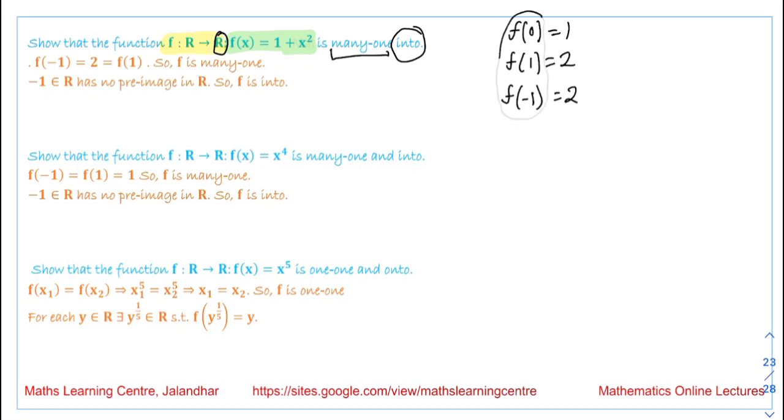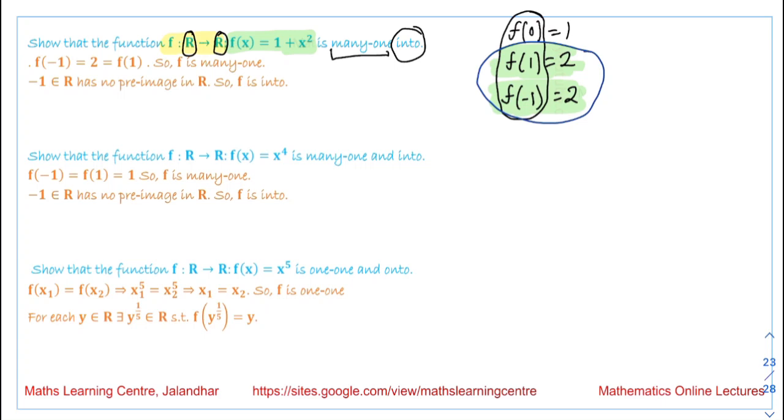I am not saying that these are the only values, because the domain of this function is R. We are just trying to find some values at some points so that we can check whether it is one-one or not, and we have obtained that f of 1 is equal to 2 as well as f of minus 1 is equal to 2. It means that this function is not a one-one function.